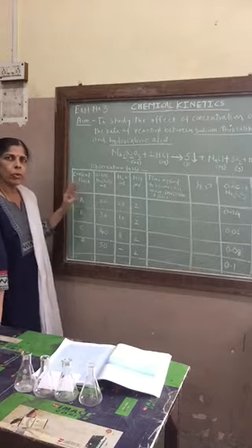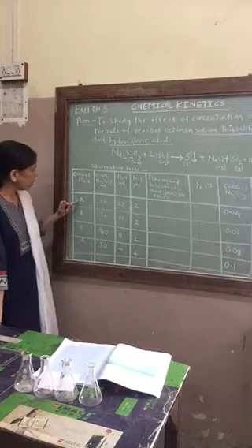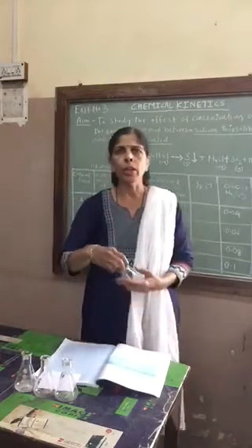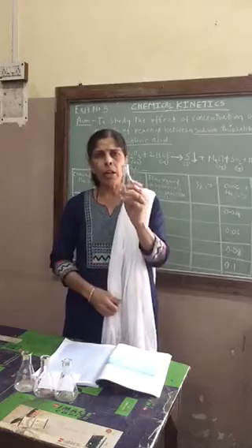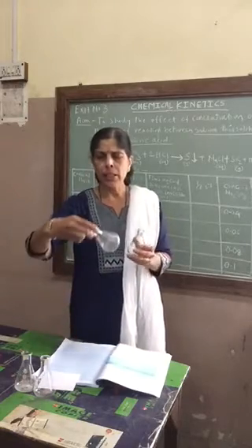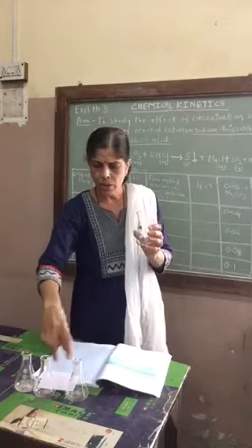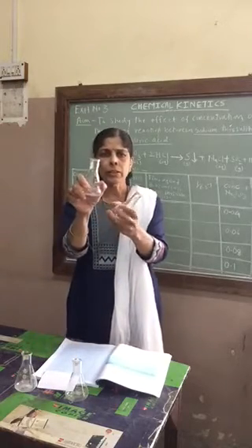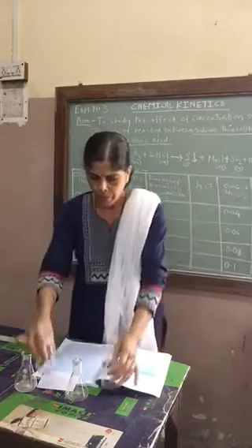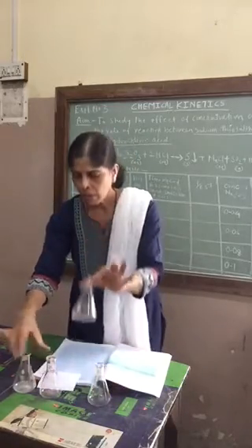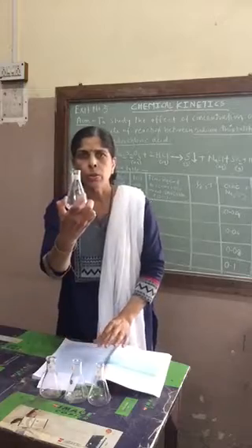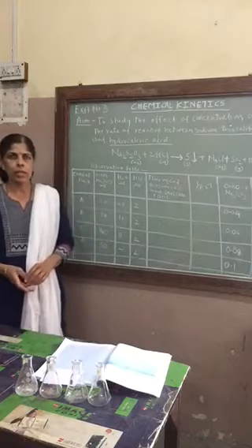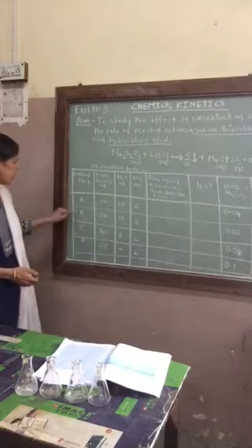You will need 4 conical flasks, labeled A, B, C, D. The 4 conical flasks will be given to you at the time of the exam, already labeled as A, B, C and D.